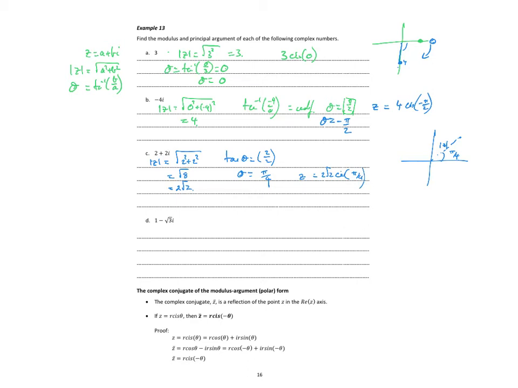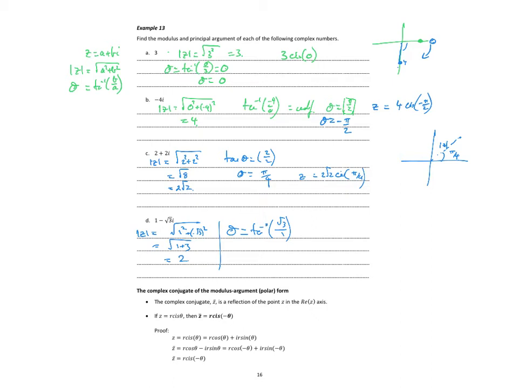All right, I hope we're getting a feel. Magnitude of z, square root of 1 squared plus negative root 3 squared, square root of 1 plus 3, which is 4, so it's equal to 2. Theta is equal to tan inverse of y on x, so I don't worry about the signs, I just get the angle.